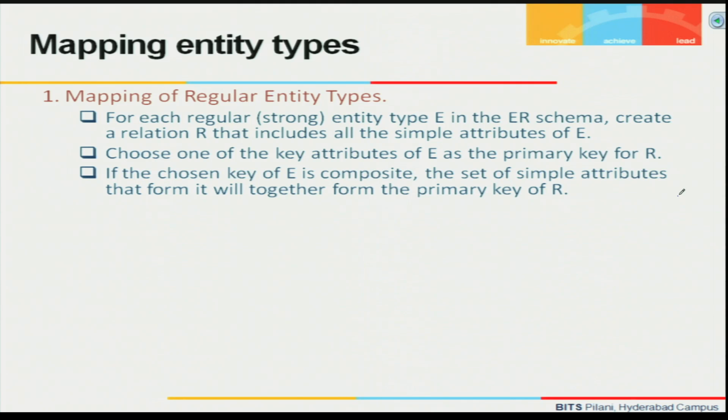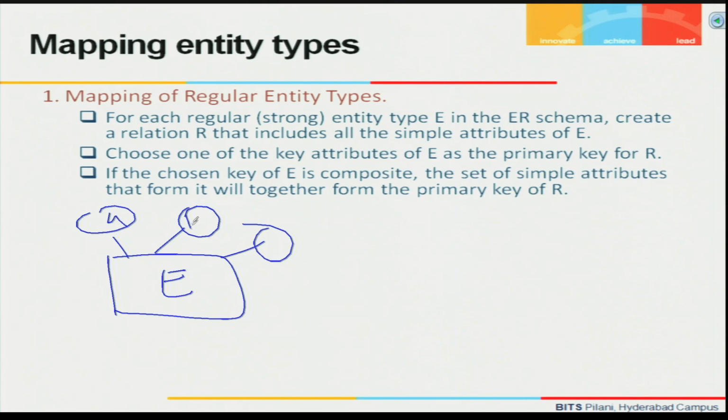The rule says: for each regular entity type E in the ER schema, that is the ER diagram, create a relation R that includes all simple attributes of E. Suppose I have something like this E, which has some simple attributes A, B and C, and then some complex attribute X which contains P and Q as subcomponents.